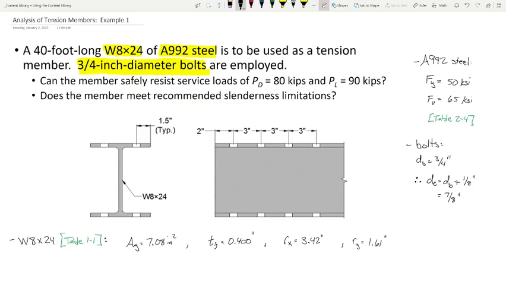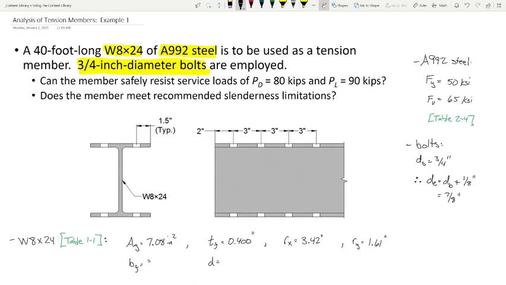So those we know we need. Now there's a couple other properties that right now don't seem very obvious. Trust me, we will use them, okay? Those two properties are the flange width and the depth. We are going to need those properties.